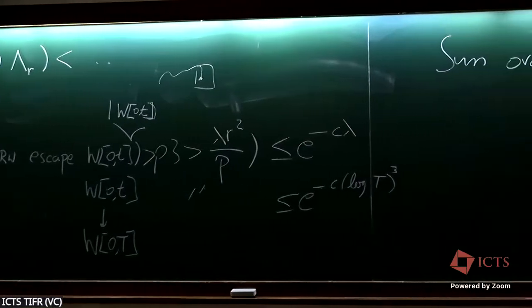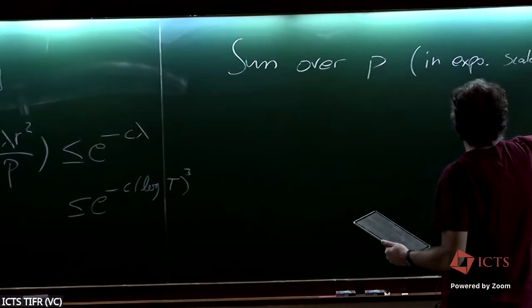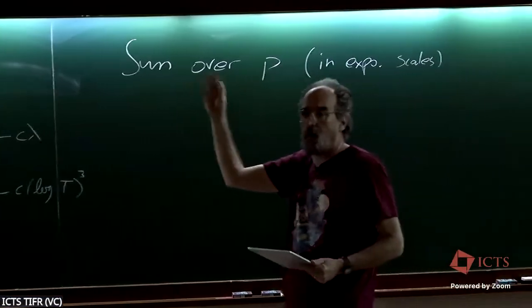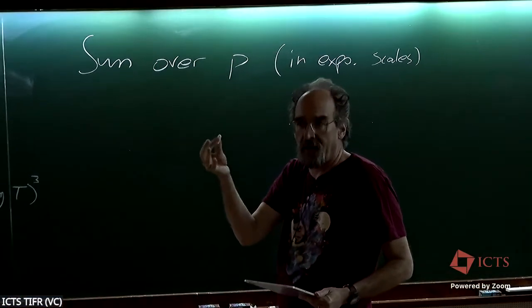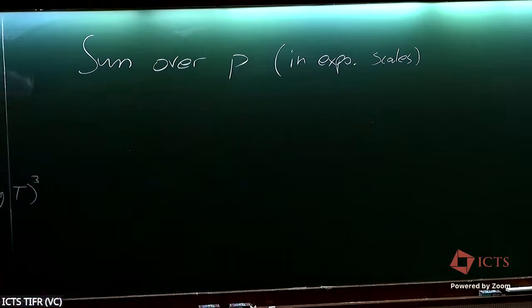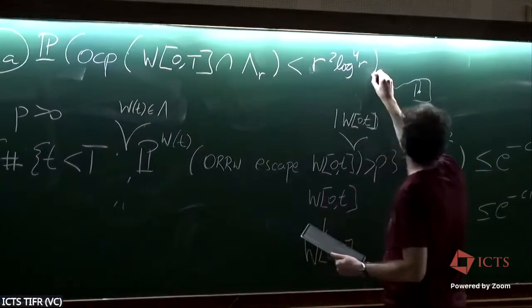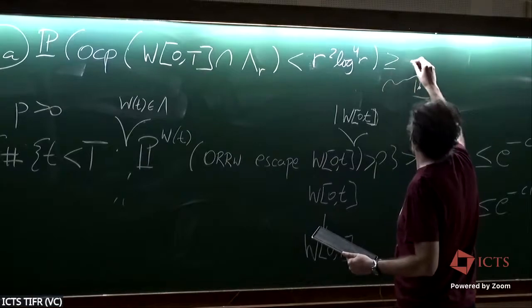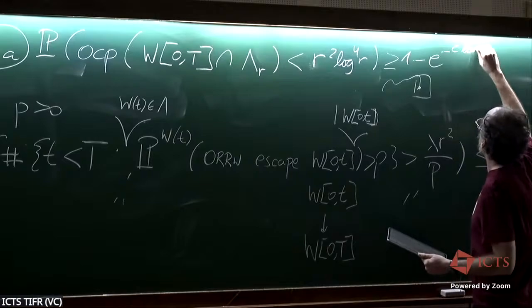But of course, in exponential scales, so use that for p between 1 and 1/2, 1/2 and 1/4, 1/4 and 1/8, which costs another log, and you eventually end up with R square log to the 4th R, of course with probability at least 1 minus e to the minus some constant log cubed.